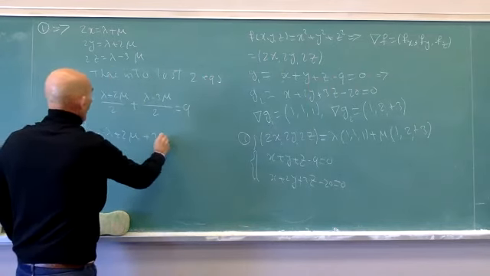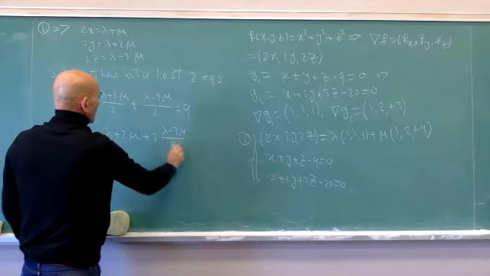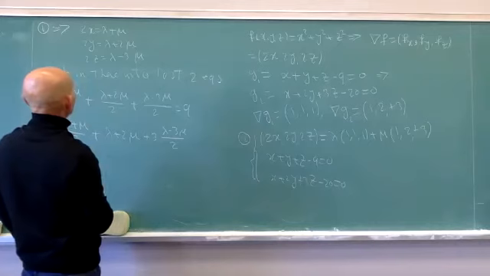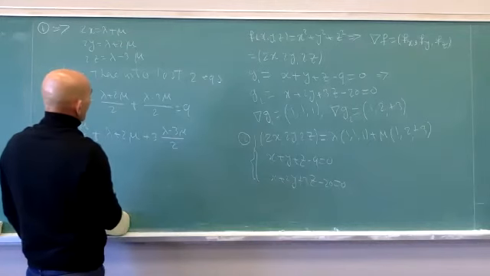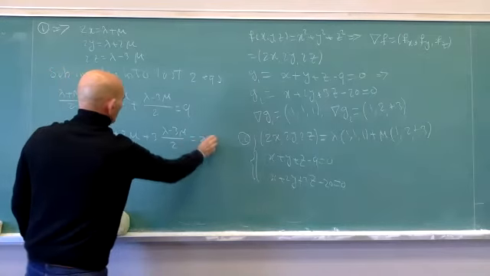So 3 times (lambda plus 3 mu) over 2, equal to 20.